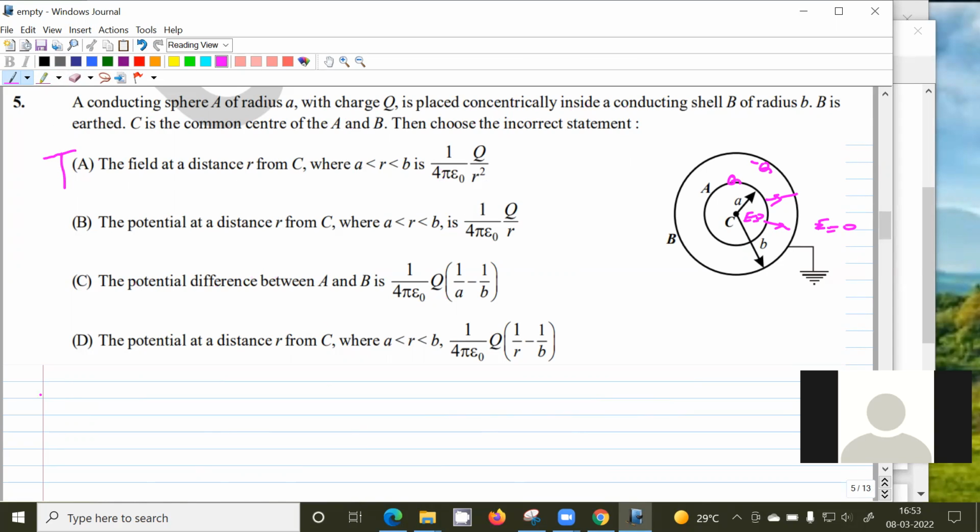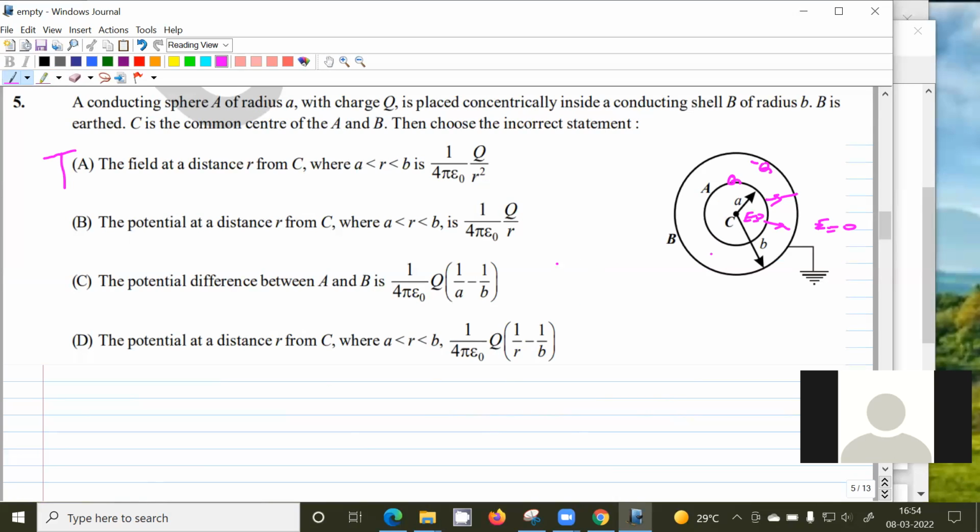The potential difference between A and B, potential at distance R from C, where R is between A and B. Sir, but the potential of B is 0 only, no, sir?